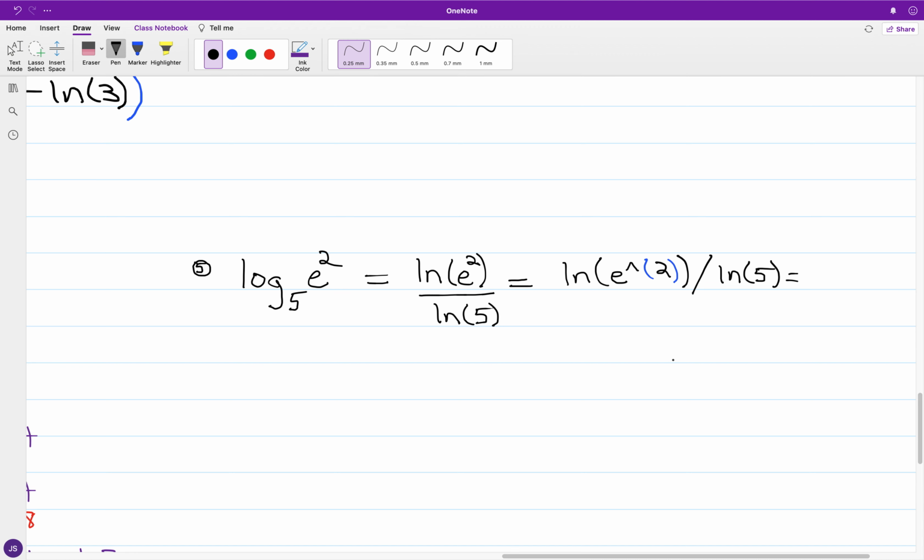If I were to enter what I have here, you got the natural logarithm of e to the second, divided by the natural logarithm of 5. So you have about 1.243.